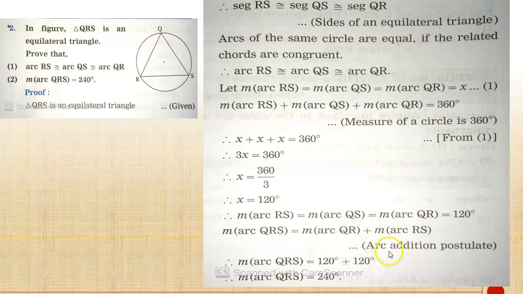And on what basis am I writing this? Arc addition postulate. And I know value of each arc. So I substitute the values and I get measure arc QRS is equal to 120 plus 120, which is 240 degrees. Hence proved. So this is how I have proved all three arcs as congruent and measure of arc QRS as 240 degrees.